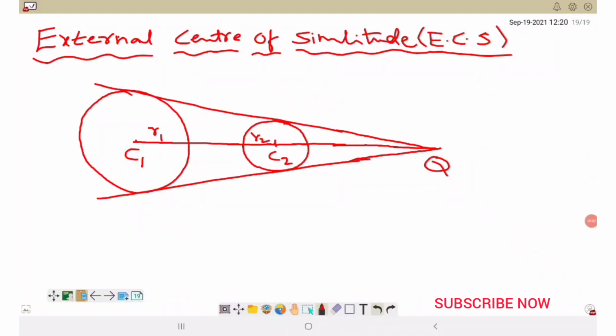External center of similitude, ECS. The point of intersection of direct common tangents is called the external center of similitude. Here Q is the point of intersection of direct common tangents, so Q is the ECS.